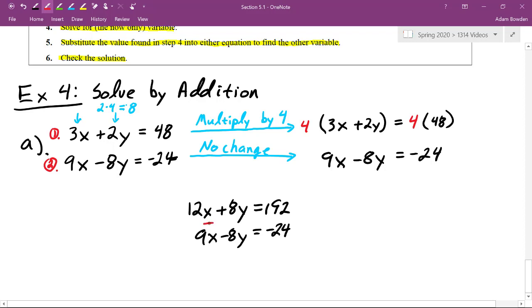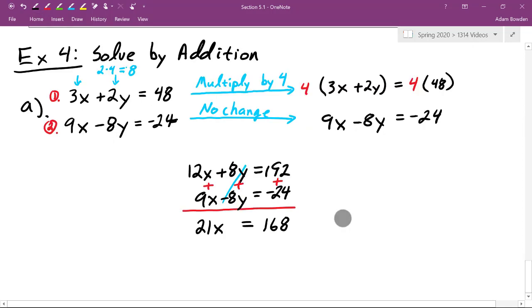So what we're going to do is we're going to add these equations together. Every term will add together, and we're going to get 21x, the y's will cancel out, equal to 168. And so now we're left with just x to solve for.